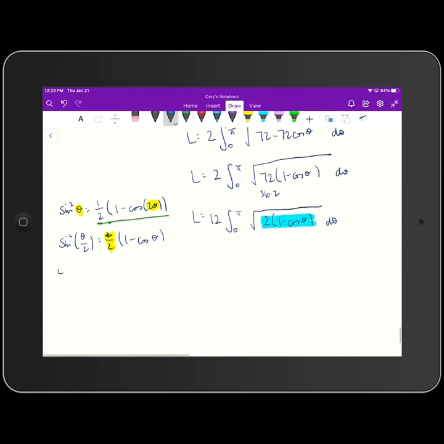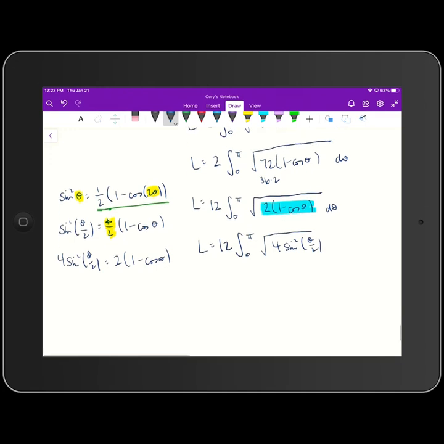So that's going to give me 4 times the sine squared of theta over 2 is equal to, when I multiply the right-hand side by 4, 4 times 1/2, which is 2, times the quantity 1 minus the cosine of theta. Okay, so that's going to allow me to rewrite the function underneath the radical as the square root of 4 times the sine squared of theta over 2.